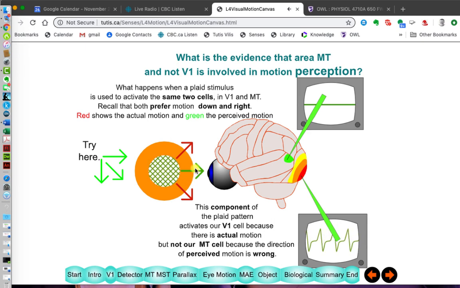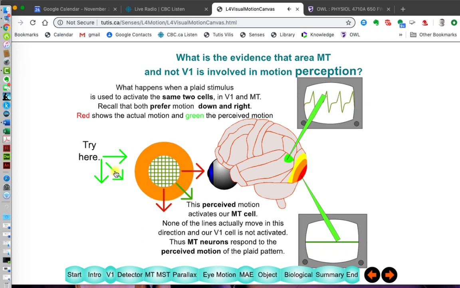So nothing's happening in MT, but this cell that's sensing down to the right in V1 is firing. If we change directions to this direction, we've flipped around.